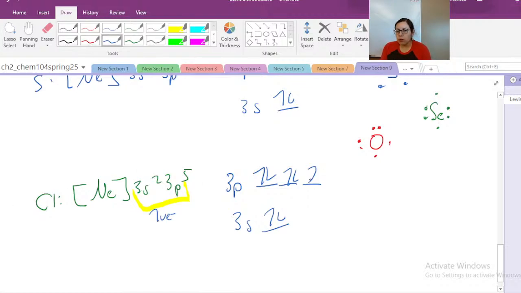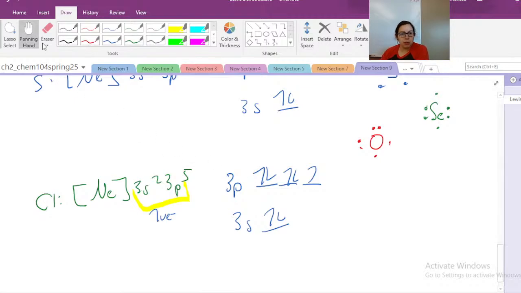And so again, chlorine's getting pretty close to it. This is also starting to hint why the halogens are so reactive, because they're just missing one little electron before they turn into a happy noble gas electron configuration. So yes, they are ready to react. And then we want to reflect that in the Lewis dot structure.